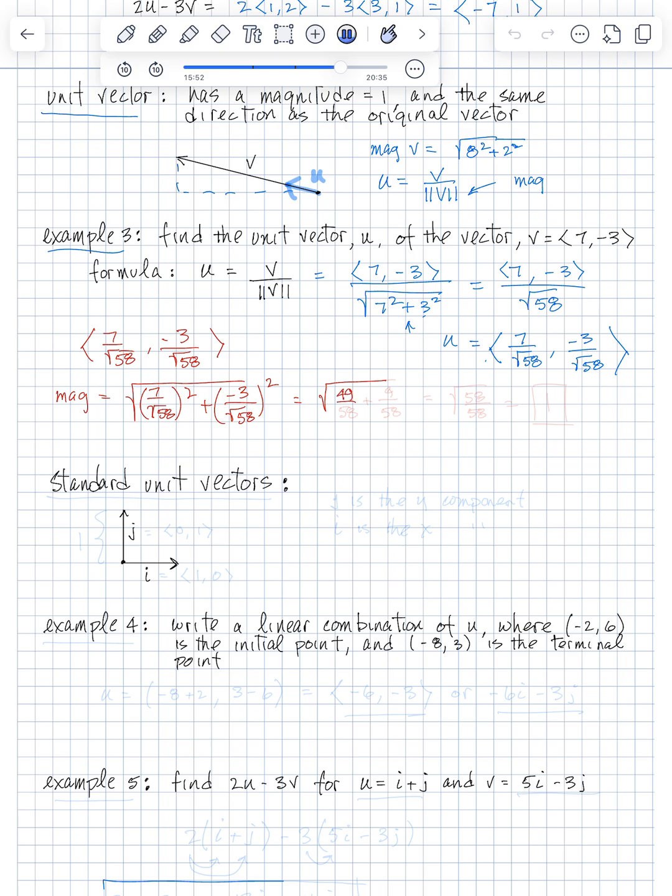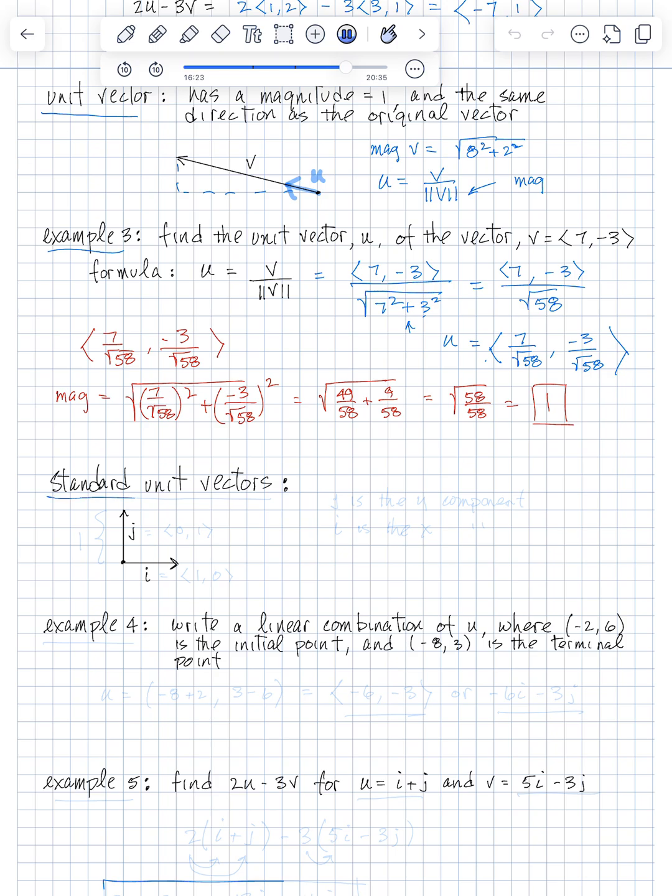Square root of 58 squared is 58. Plus negative 3 squared is 9 over 58. So this is square root of 58 over 58, square root of 1, which is 1. So we confirm that it is a unit vector.